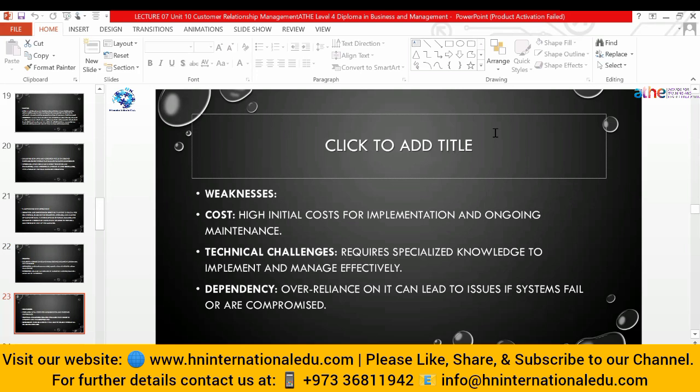Dependency. Overreliance on it can lead to issues if the systems fail or are compromised. Like Pakistani society or the Pakistani culture is heavily dependent on agriculture. That's true. And the problem is we are getting challenged by it because we're not having that much rain in most areas where the agriculture is grown.